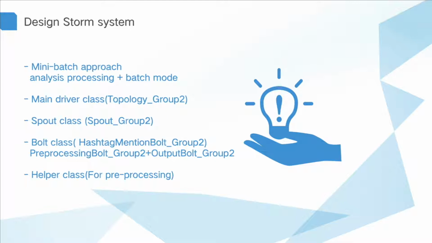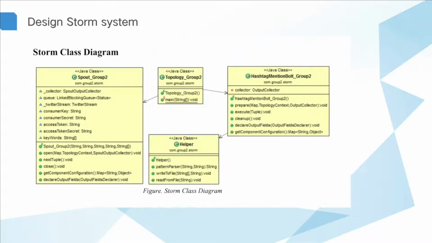In this class, we design a Storm topology, which consists of 1 spout class and 2 bolt classes, and then we also decided to design a helper class which consists of several functions that we will be handling in the processing times. So this diagram shows our Storm class diagram. In the main class, we put our consumer key and access token key for the Twitter API authentication.